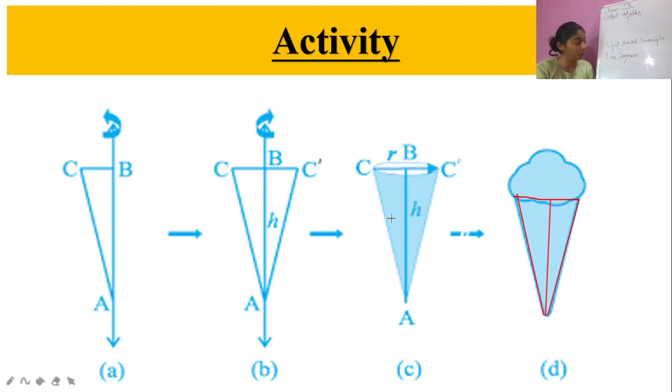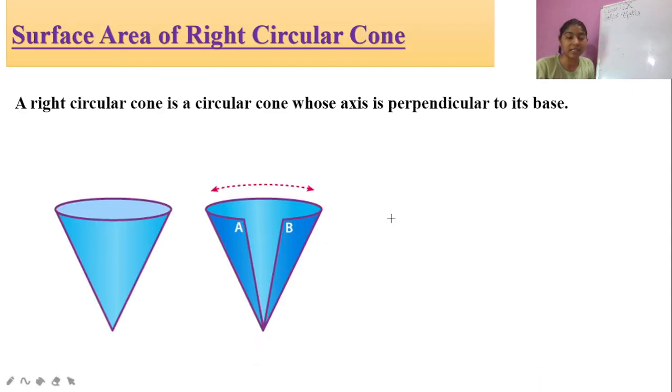And which cone is it? See, we are going to talk about today's topic of discussion, that is the right circular cone. Okay, so whenever you rotate it, this is our topic of discussion. We are going to talk about its surface area, right circular cone, its concept and application we are going to discuss.